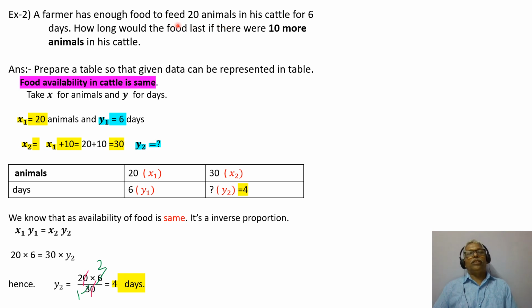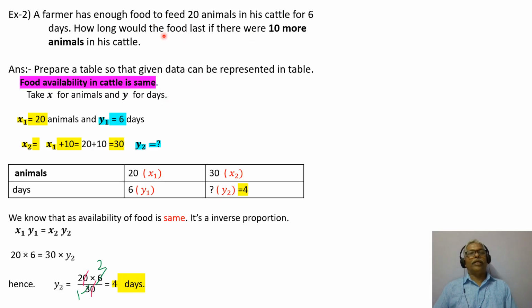Now what are the quantities we need? Animals and days. So 20 animals. Let us prepare a table in the answer, a table for the data. Take X for animals and Y for days.